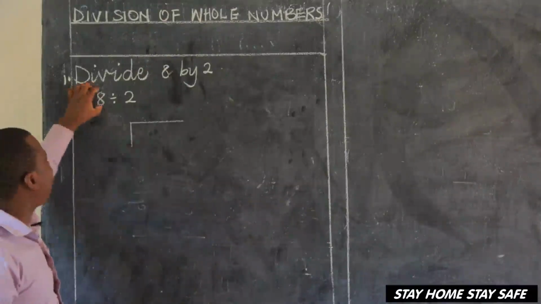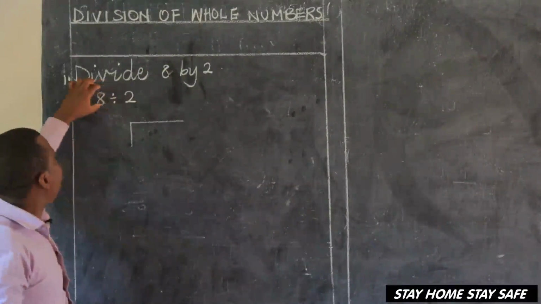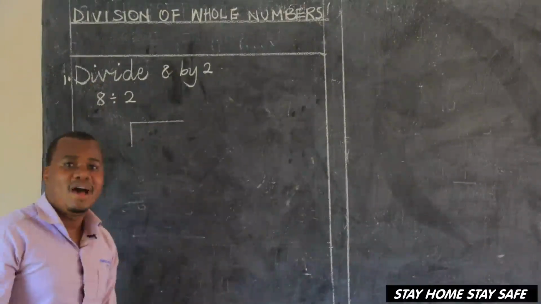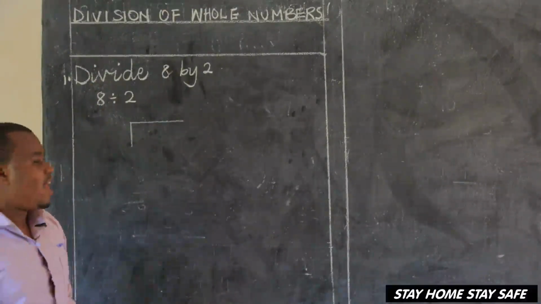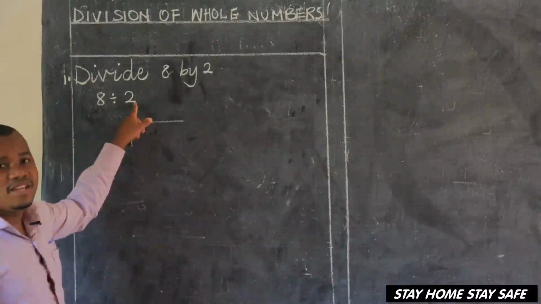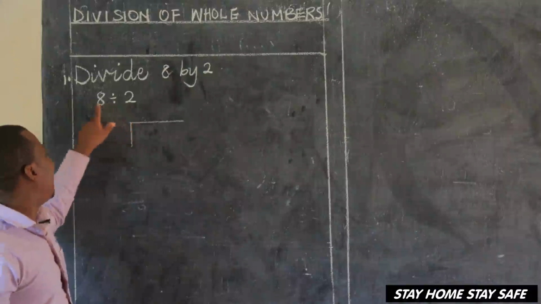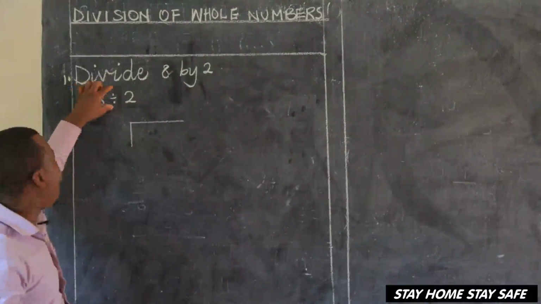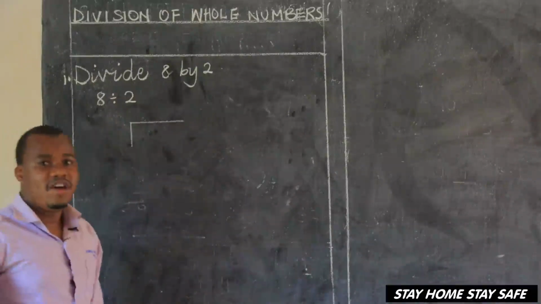When I say 8 divided by 2, meaning 8, I'm dividing 8. So 8 will become my dividend. Now, which one is a divisor? The number that is dividing. So in this case, 8 divided by 2, 8 is the dividend and 2 is the divisor.